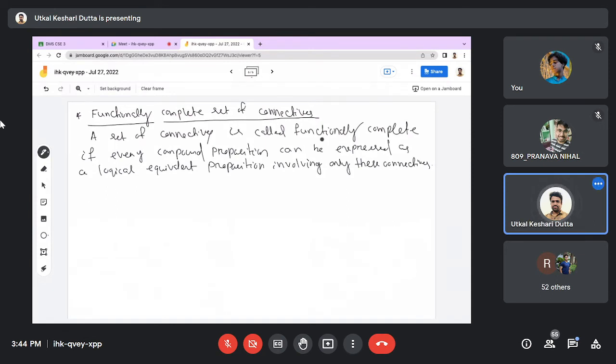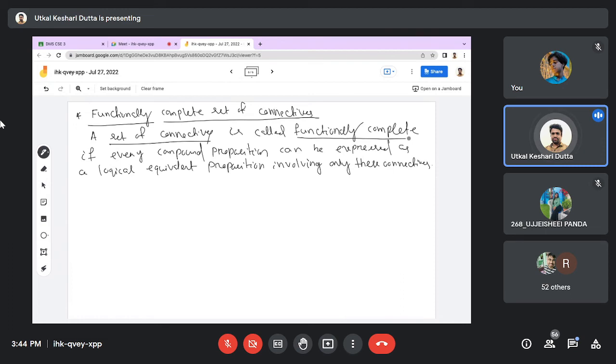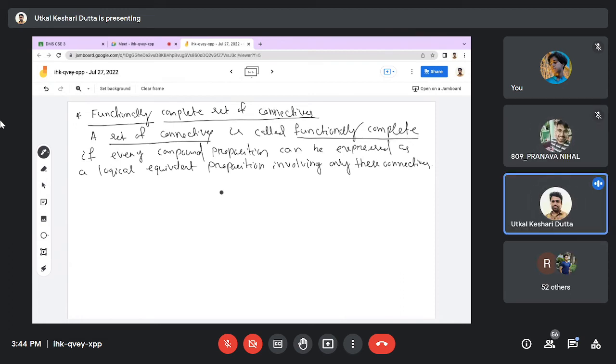That means it will be a set of connectives, a collection of connectives from all the connectives we know. That set is said to be functionally complete if every compound proposition can be expressed as a logical equivalent proposition involving only these connectives.